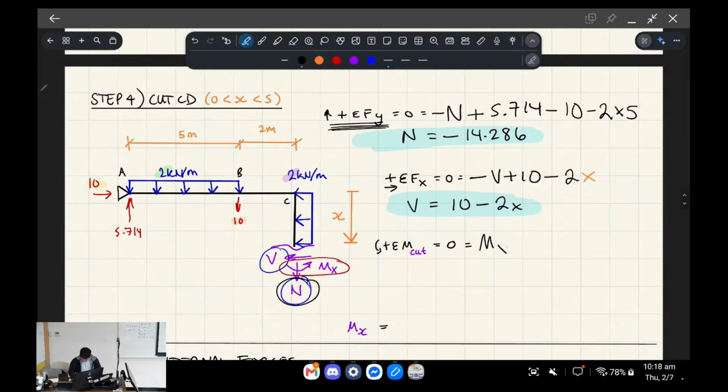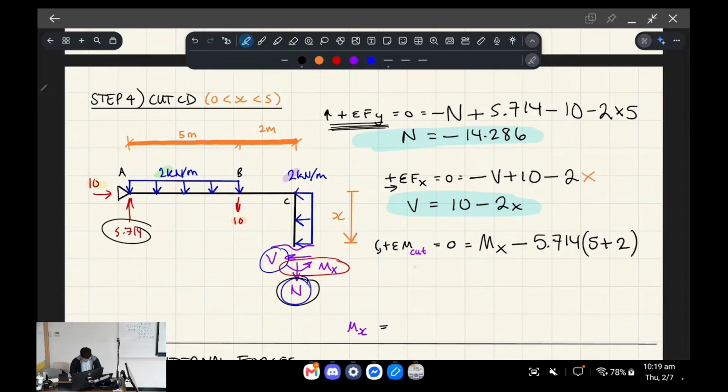So we're going to do M(x), and then we're going to subtract 5.714, except now we have a fixed distance for this lever arm. Before this was a variable distance, and now it's a fixed distance to this vertical support reaction. It's 5 meters plus 2 meters.